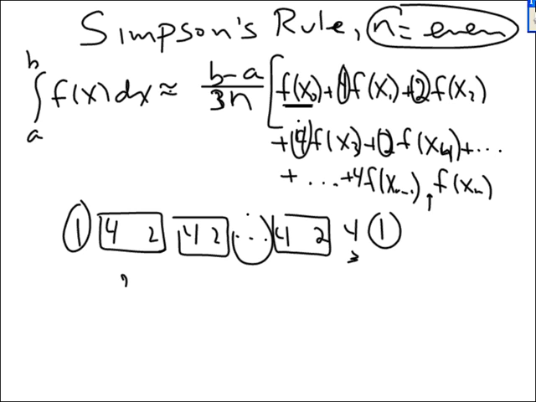And remember, whatever the number of partitions is, you will get one more endpoint. And one more than even is odd. So let's forget the first and the last. It starts with 4 and ends in 4. 4, 2, 4, 2, 4, 2 forever.